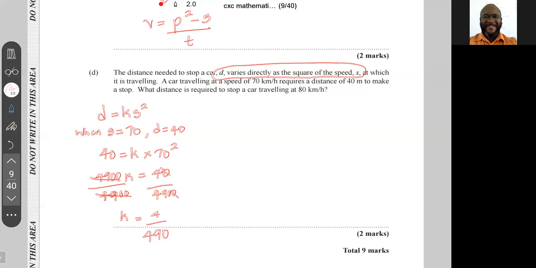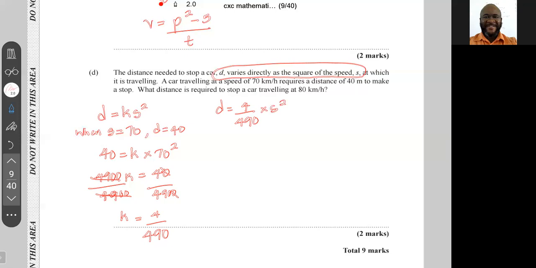So step two, we're given a value of S and D so that we can calculate K. Step three, we need to rewrite the equation. D is equal to K, which is 4 over 490, times S squared.